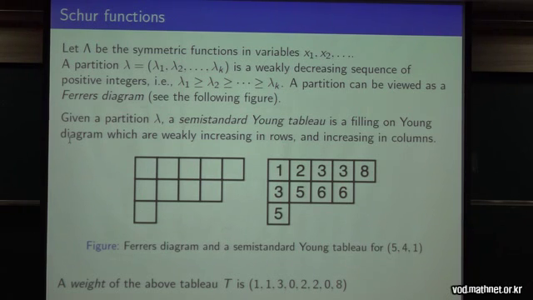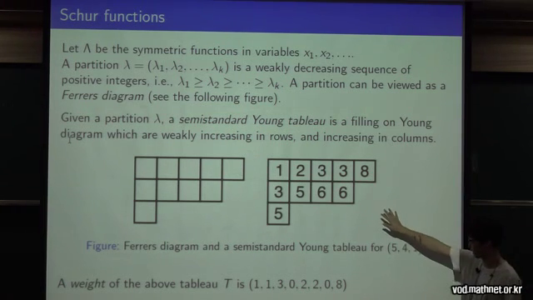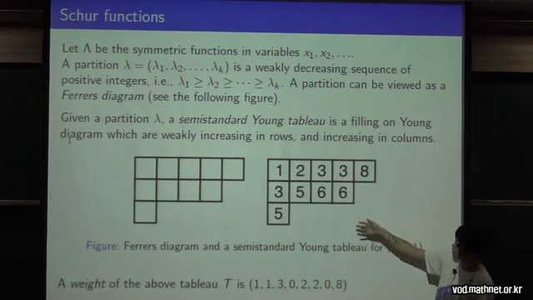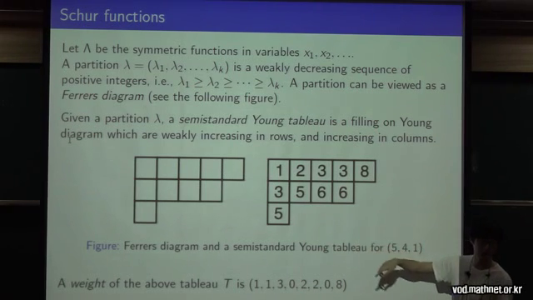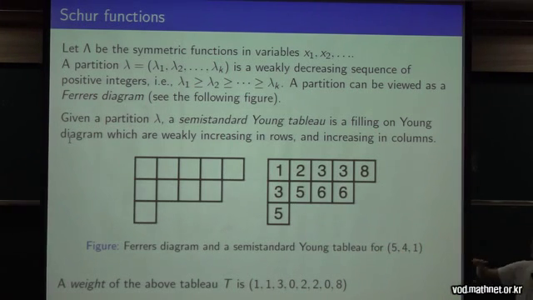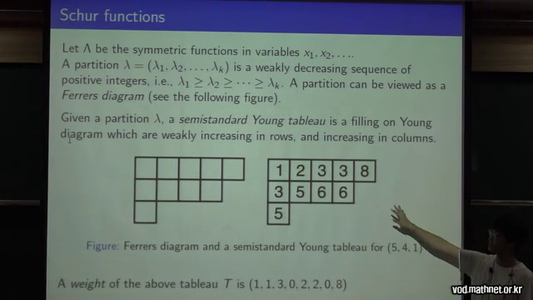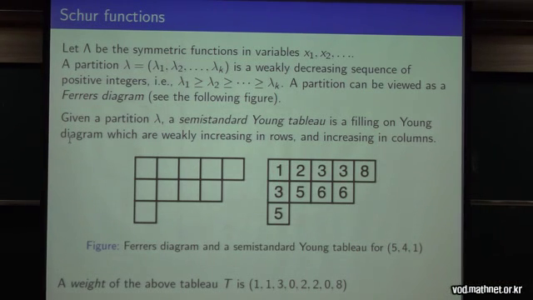Given a partition, you can define a so-called semi-standard Young tableau, which is a filling of natural numbers like this, such that for each row the integers are weakly increasing, and for each column the integers are strictly increasing. If the filling of positive integers satisfies this condition, then it's called a semi-standard Young tableau.